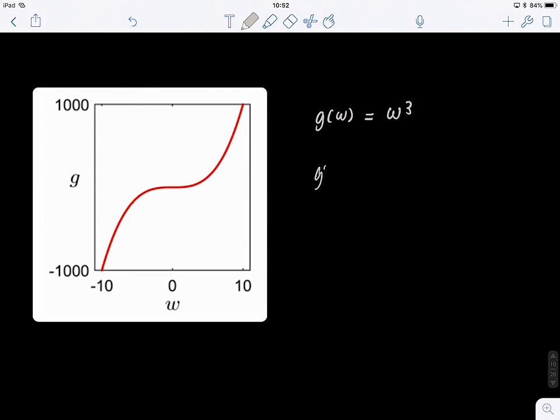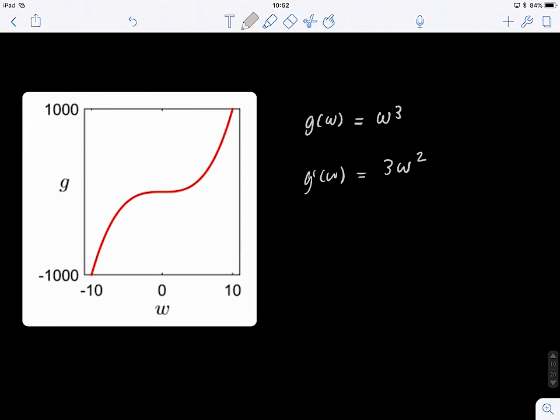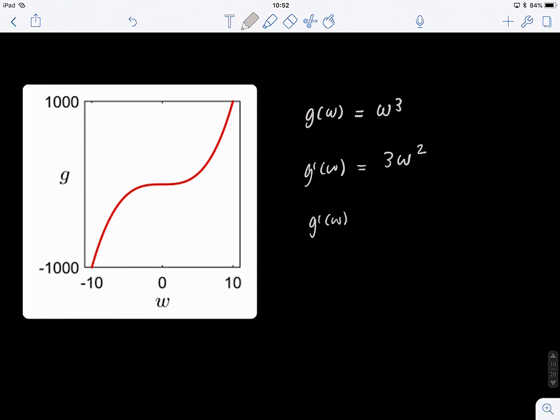This is 3w squared, and if we solve for 0, then we get w equals 0. But still you can see it's a saddle point, right? It's not a minimum, although we have solved for g prime of w.